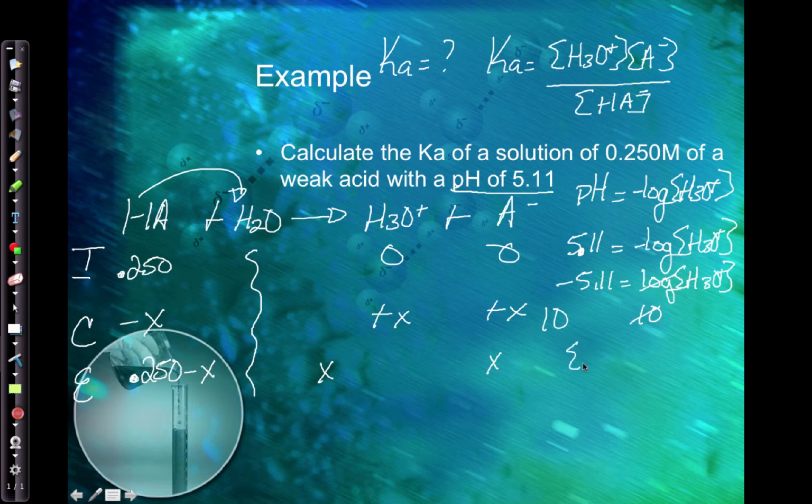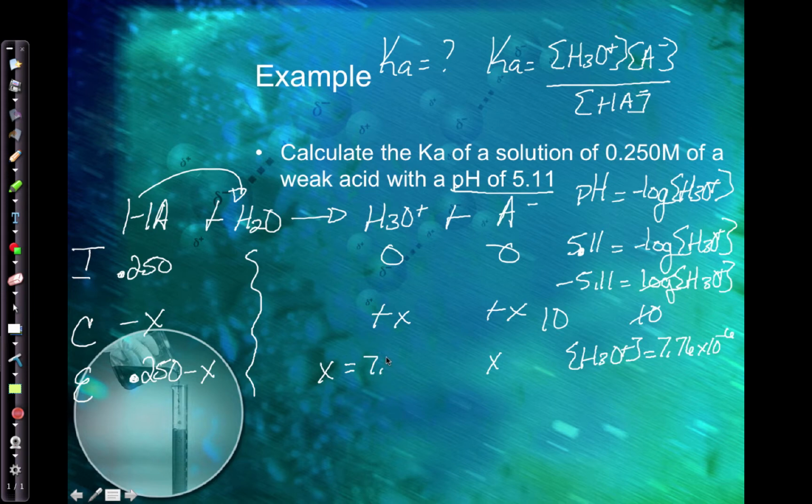And the concentration of hydronium is equal to 7.76 times 10 to the negative 6 power. All right, so that's equal to the concentration of hydronium, which is equal to X.